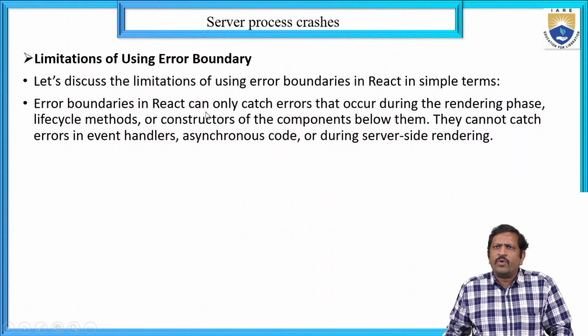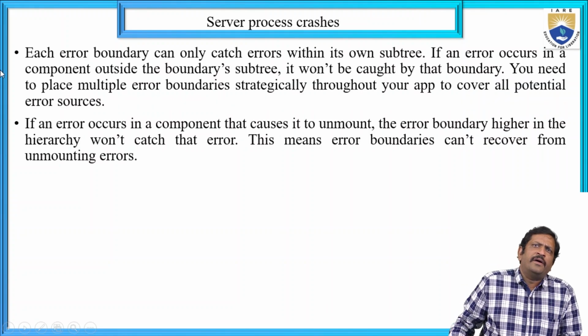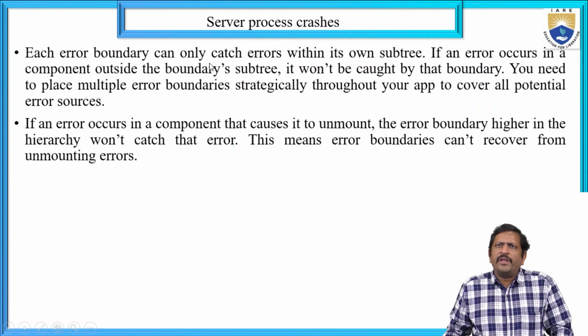These are the limitations, and each error boundary can only catch errors within its own subtree. So if an error occurs in a component outside the boundary subtree, it won't be caught by the boundary.